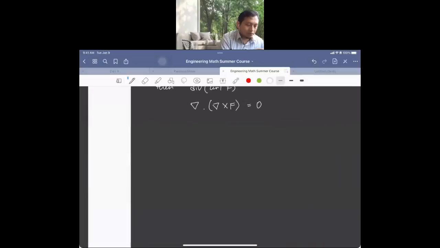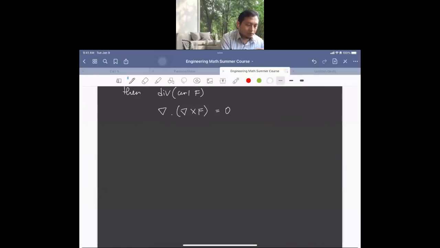Let's say del is all the partial operators, and let's say we have f equals p, q, r. Let me write the del cross f.